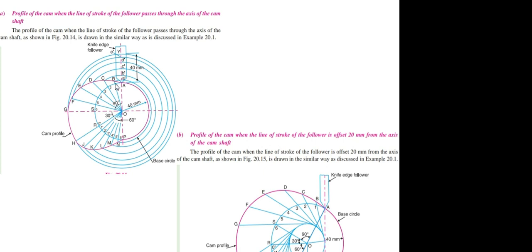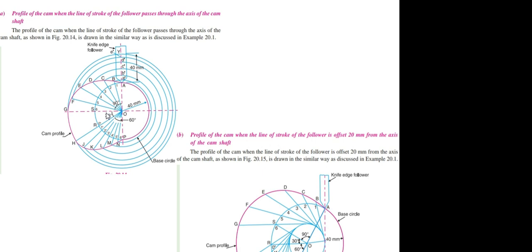Join all these points with the center of the cam and extend them. Draw lines from point O to 1, extend it, O to 2, extend it, O to 3, extend it, likewise, outside of the base circle.